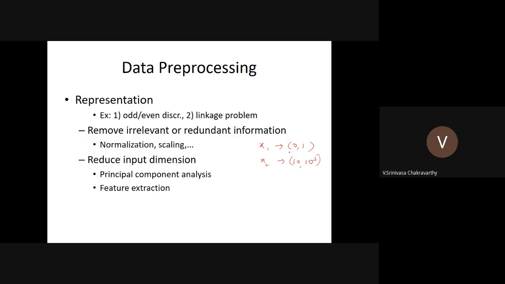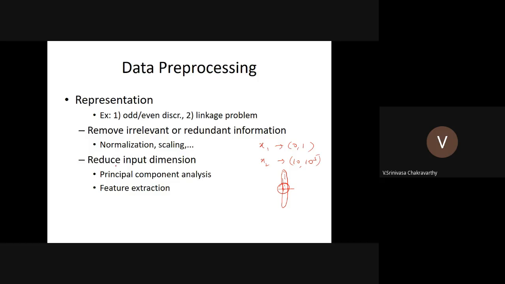Then in the x1 dimension you have very small spread, and in the x2 dimension the spread is very high. So your input data will start looking very long, and that kind of data is harder to classify. So what people do is make sure that all the input variables have about the same spread, so that instead of an elliptical looking distribution, you'll get a more spherical looking distribution.